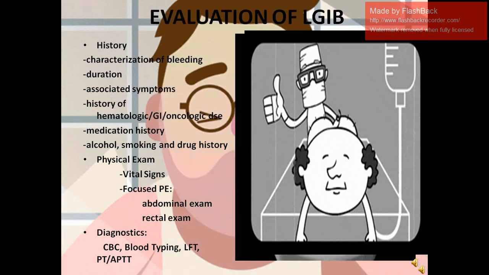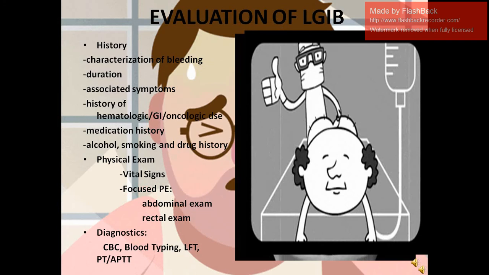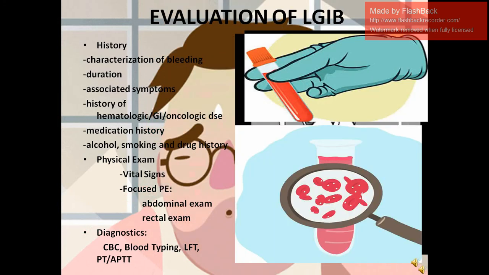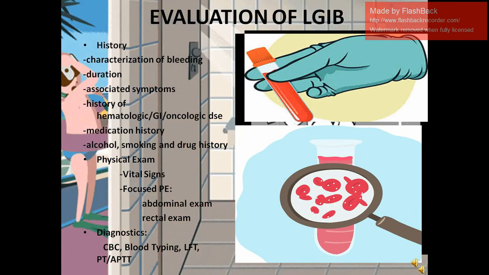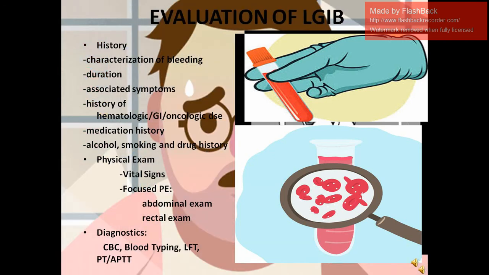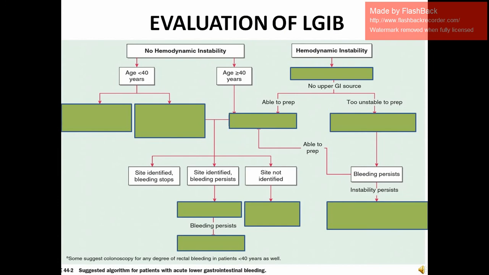Assess the vital signs of the patient. Focused PE involves abdominal and rectal exam. Diagnostic tests that are usually requested are CBC, blood typing, liver function test, and PT-APTT. If the patient is hemodynamically stable, less than 40 years old, with minimal bleeding, we can do flexible sigmoidoscopy.